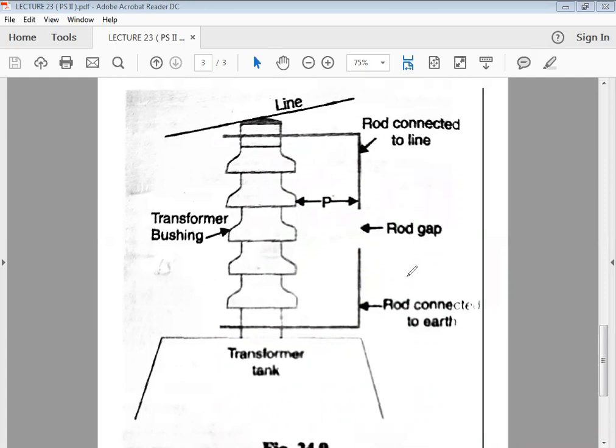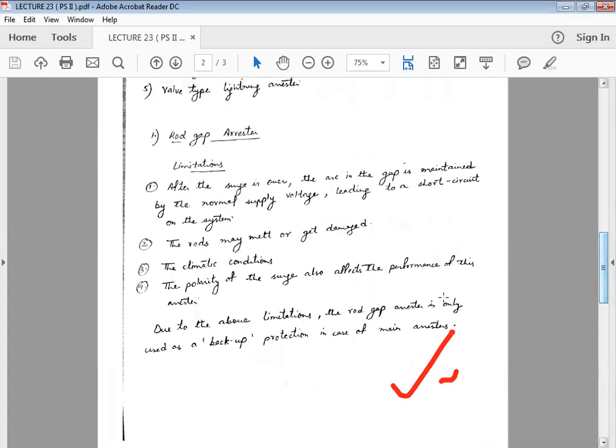So if we have to protect the transformer against a lightning stroke, we connect the main arrester, and this rod type arrester can be taken as backup protection. If the main frontline protection fails, the backup will work. This is all regarding today's topic. All the limitations are written here in this point, so you can read. Thank you guys.